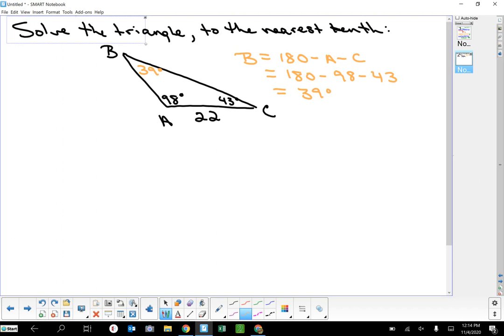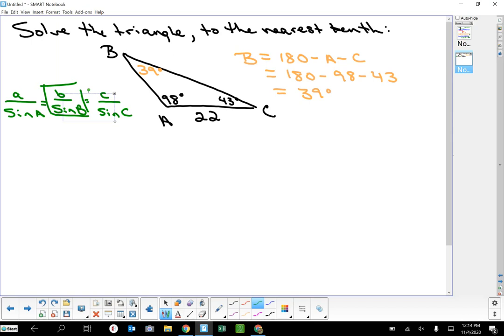So that said, remember that here is our formula. We have a over the sine of A is equal to b over the sine of B is equal to c over the sine of C. So I'm going to pick two of these. Now, I have b and the sine of B. I have to use this one because I have that angle and the corresponding side.